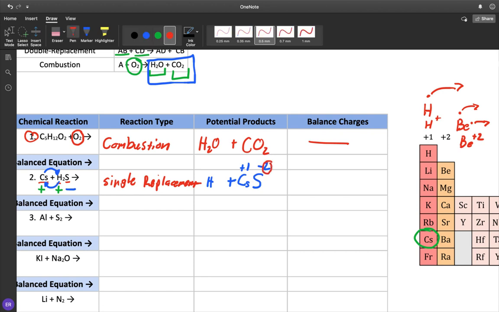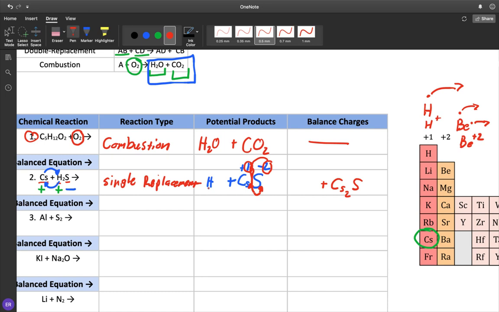So this 2 is now going to be the subscript for Cs, and then this 1 is going to be the subscript for S. Okay, so then our balanced charges is going to be Cs2S1. So again, in chemistry, we don't write the 1, so I'm going to make this one invisible. Okay, and here is our compound.